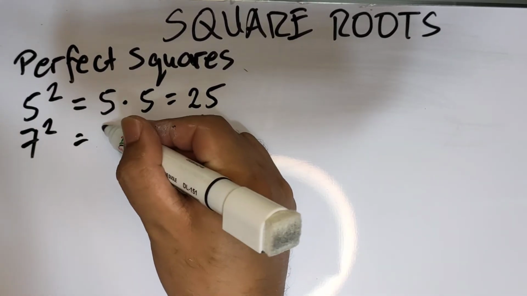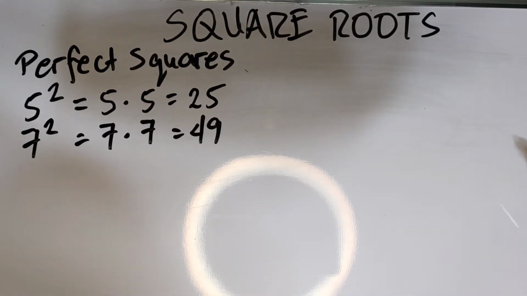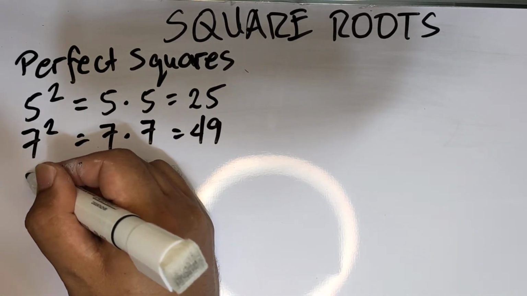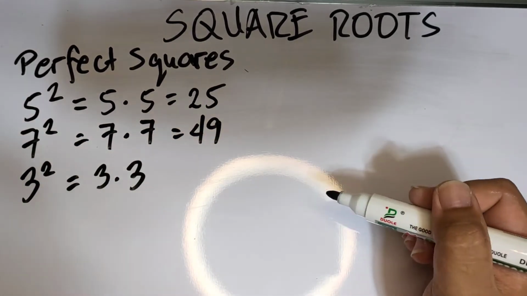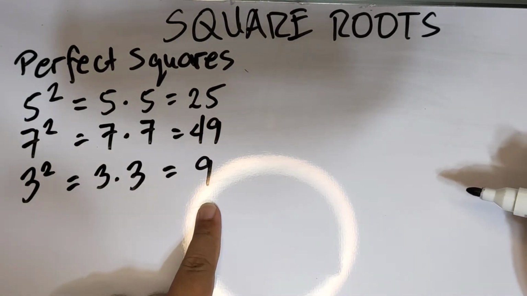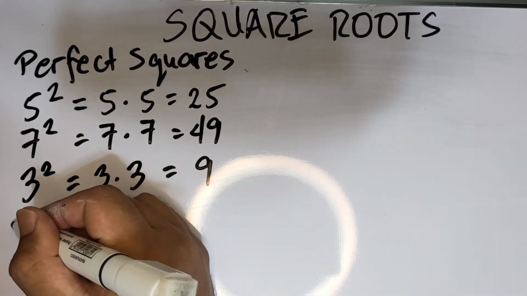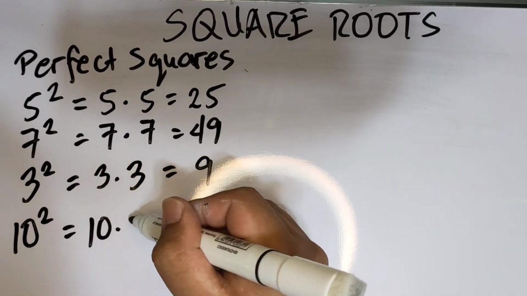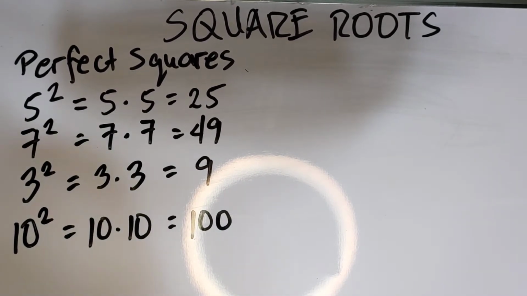Okay, so 7 square is equal to 7 times 7, which is 49. Another, we have 3 square. 3 square is equal to 3 times 3. That is 9. So 9 is a perfect square. 49 is a perfect square and 25. Same's true with 10 square. 10 square is equal to 10 times 10. That is 100. So 100 is a perfect square.